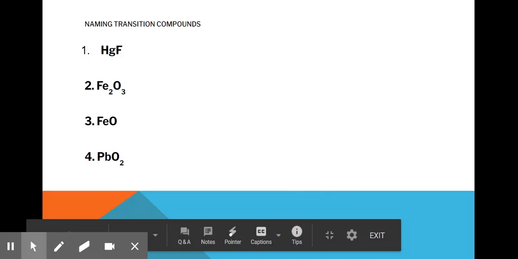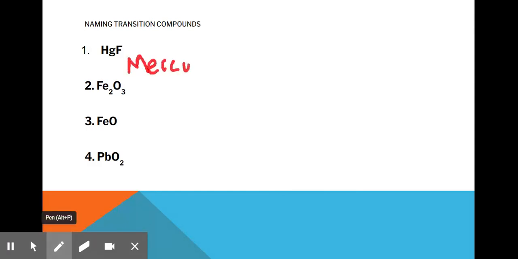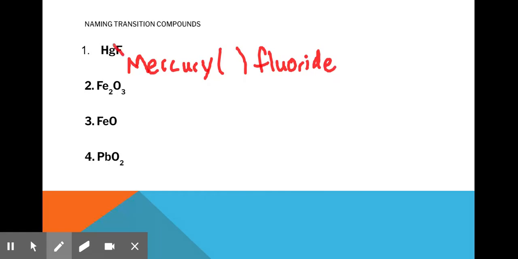So we did a couple of these in class, at least on A day. HgF is going to be mercury fluoride. And to figure out what goes in the parentheses, we're going to do a reverse crisscross.